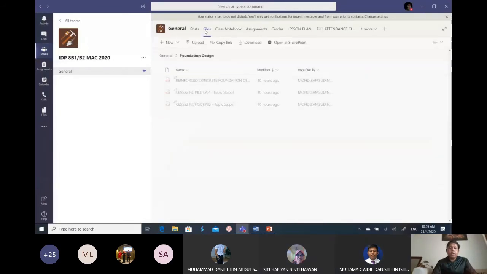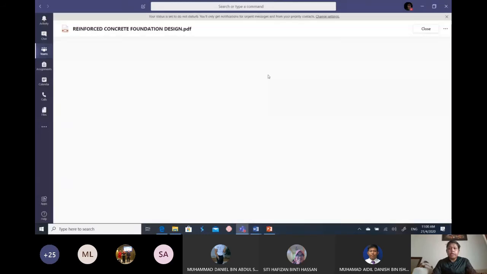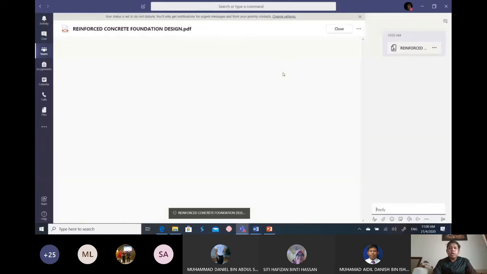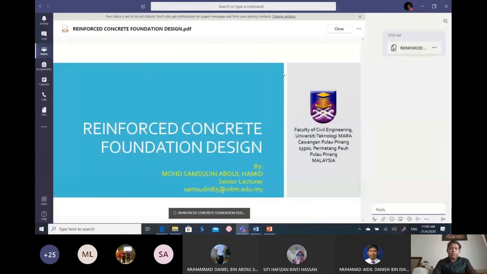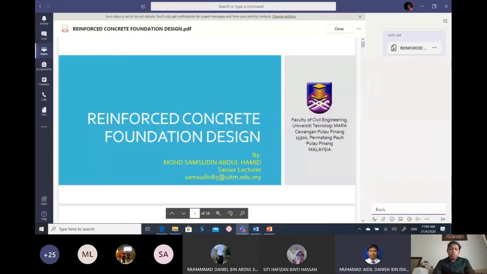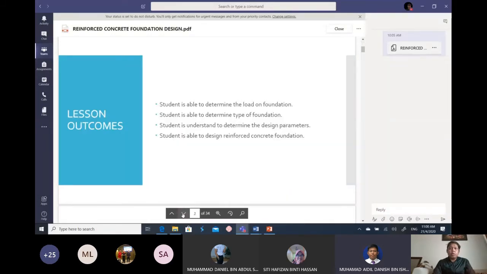So at least we can follow that table in order for us to check the minimum nominal cover, either it follows the minimum one or not. Kalau kita just pakai table NA tu saja, boleh tak sir? Ke kita kena design dulu?